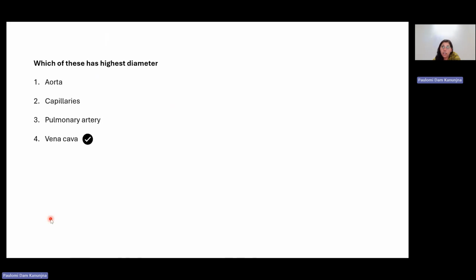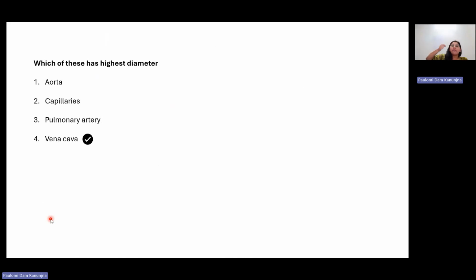If you see the image that I was discussing for the entire conduction, you will see the vena cava has the highest diameter. It is the largest blood vessel, around 3 centimeters in diameter. Aorta comes next with 2.5 centimeters. Aorta is the largest artery. And the capillaries are the smallest.